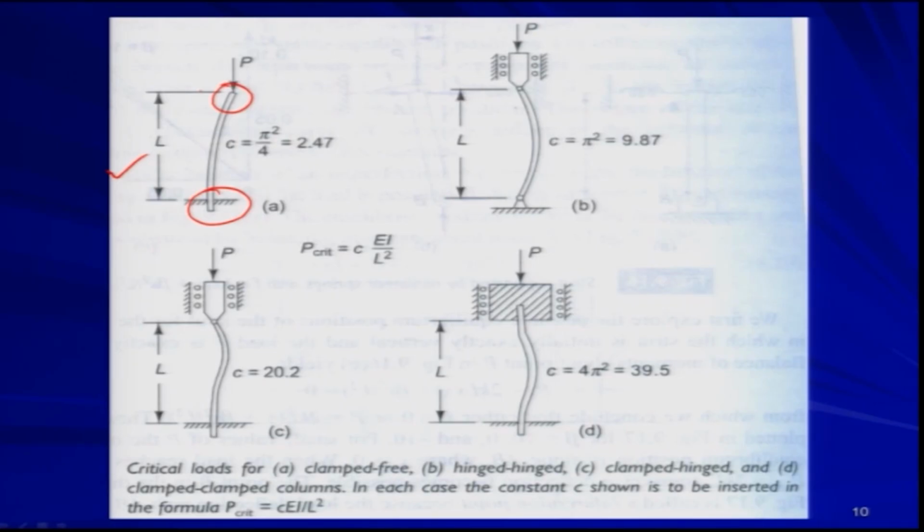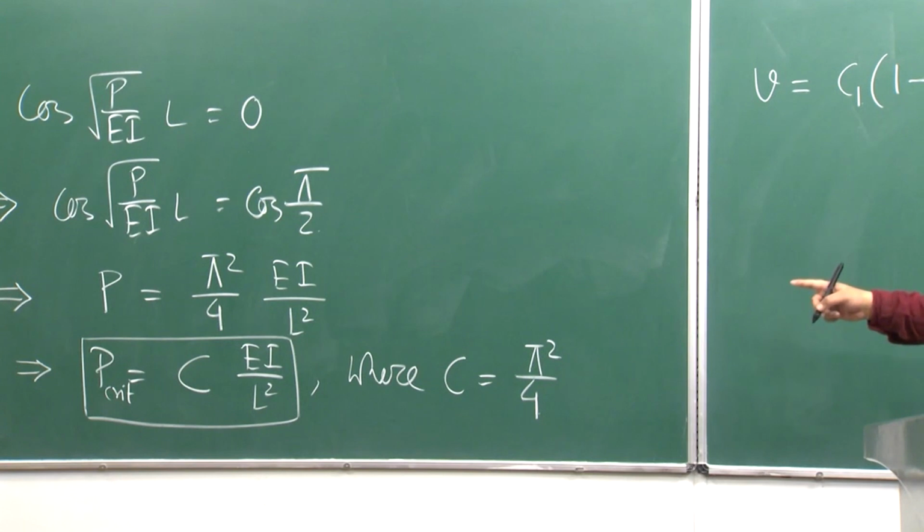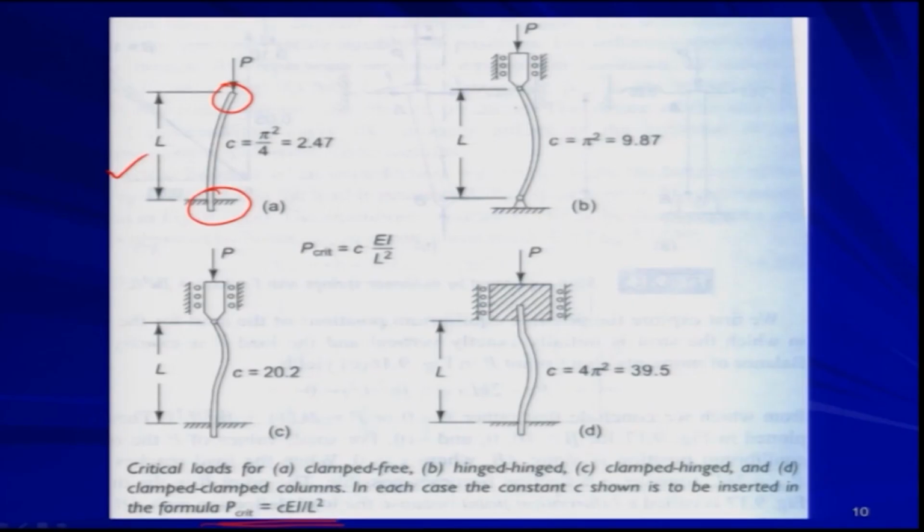At that time, P critical, as I showed you on the board, is given by coefficient C times EI by L square. This coefficient C takes the value pi square by 4, which we have already derived by considering this kind of boundary conditions.